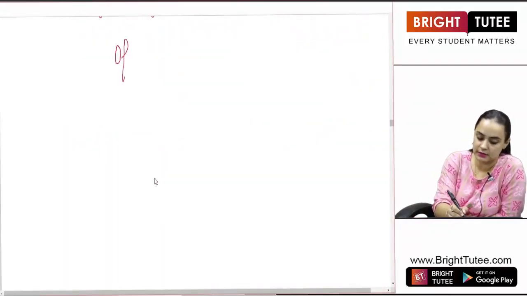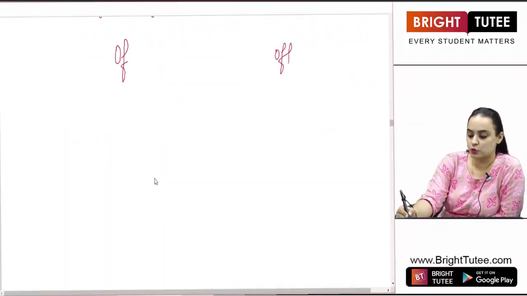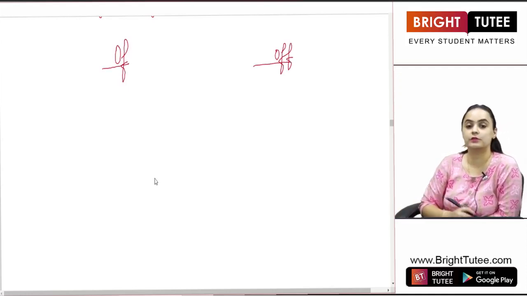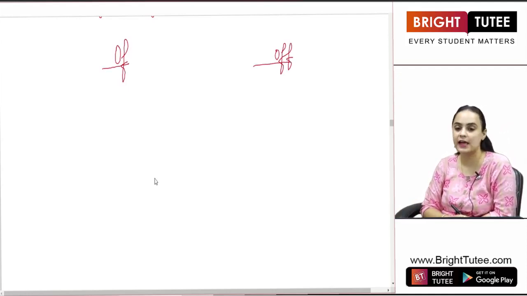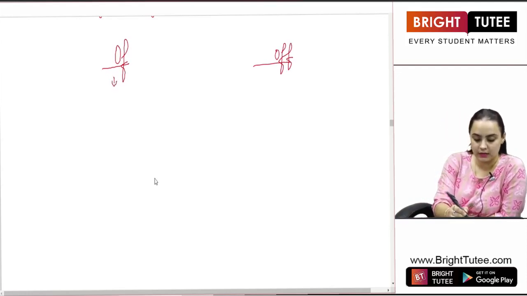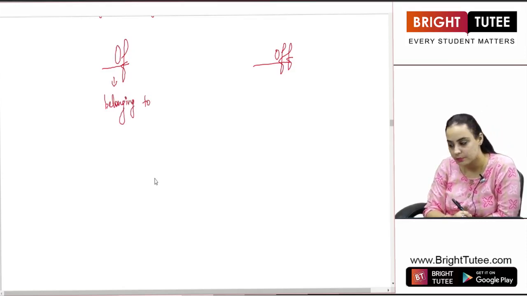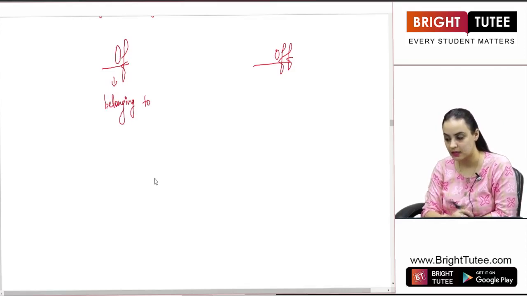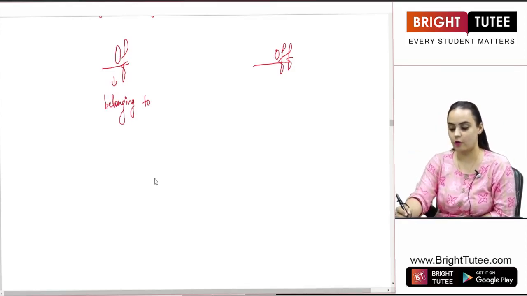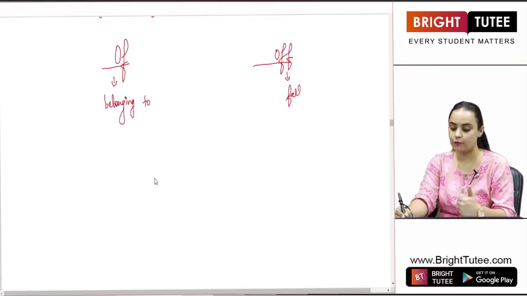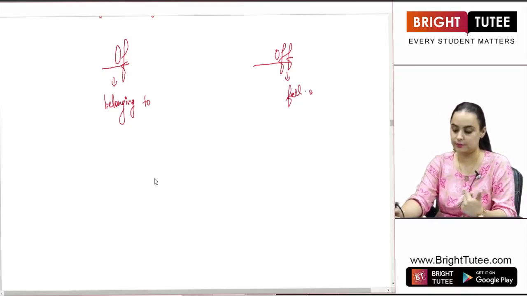And similarly, the children usually get confused in the difference between of with a single F and off with a double F. So single F, of, means belonging to somebody, belonging to something, and double F, off, means when you fall from some place.